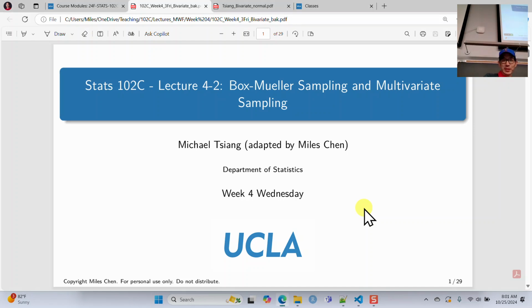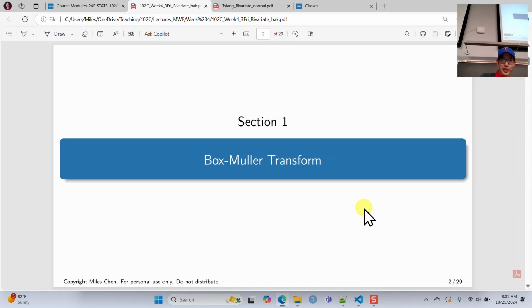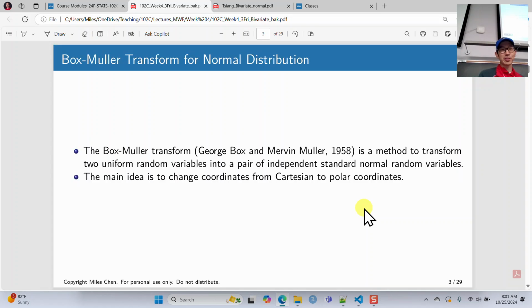And so we will look at something called the Box-Muller transform. This is a method to generate values from the normal distribution. Now this is a little bit quaint in that it's not used in modern computing.